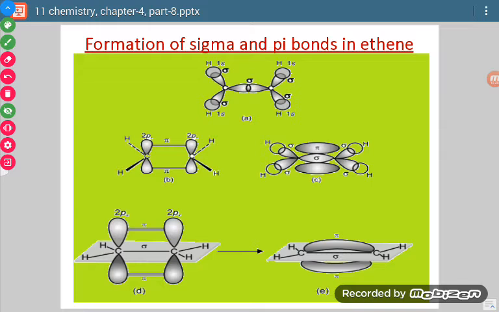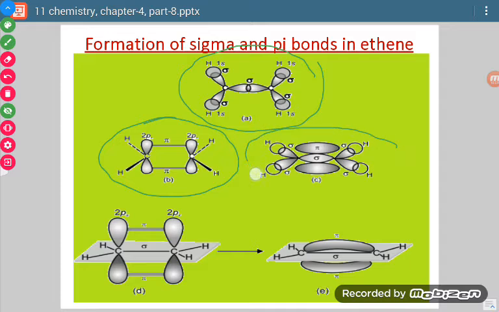Now this orbital is also present, it is unhybridized, and there is no change in its shape because it has not undergone any hybridization, so it will remain as it is. This orbital will undergo sidewise overlapping and there will be formation of a pi bond. This shows the formation of sigma bonds, this shows the formation of the pi bond, and here we are showing all collectively.